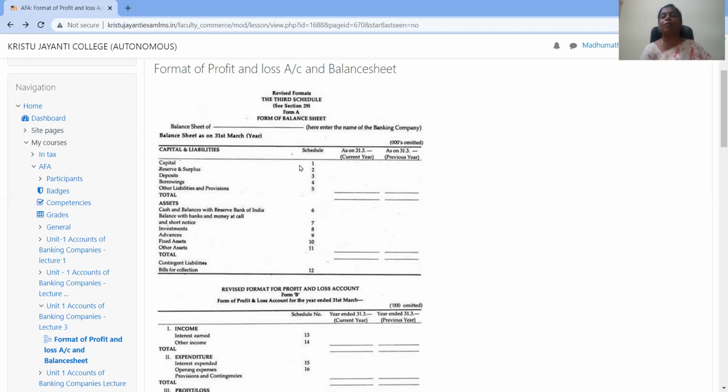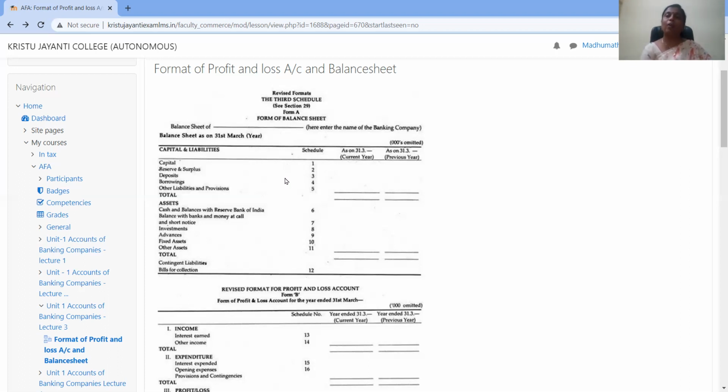So any types of deposit, SB deposit, fixed deposit, recurring deposit, all those deposits will be reflected in your schedule number 3 under liabilities of your balance sheet of a bank. Schedule number 4 is for your borrowings. So what is this borrowing?